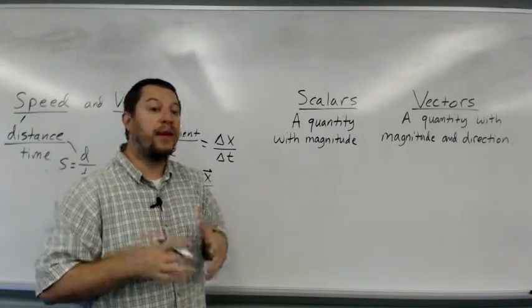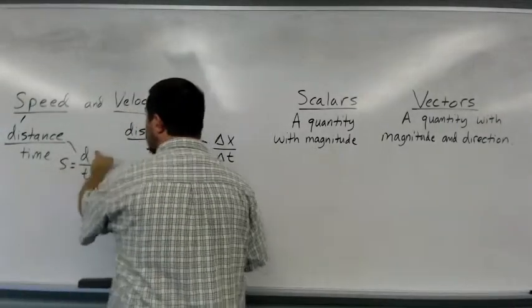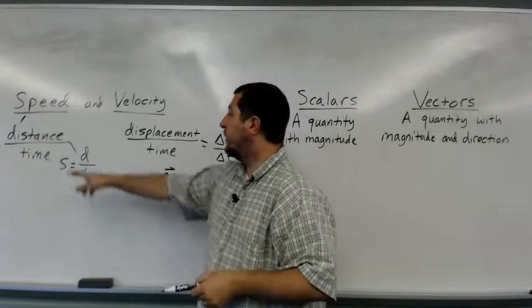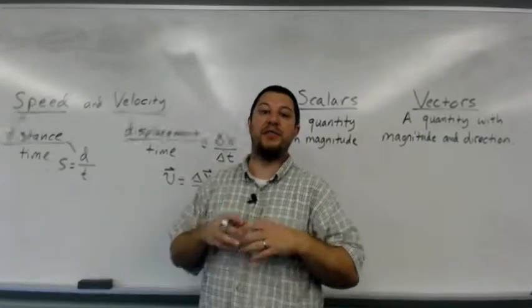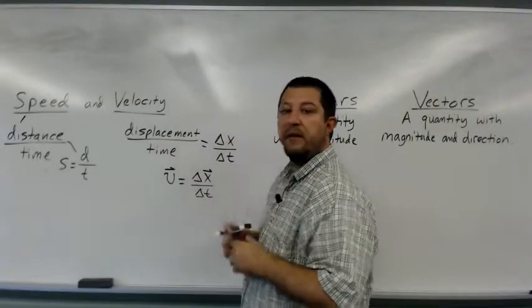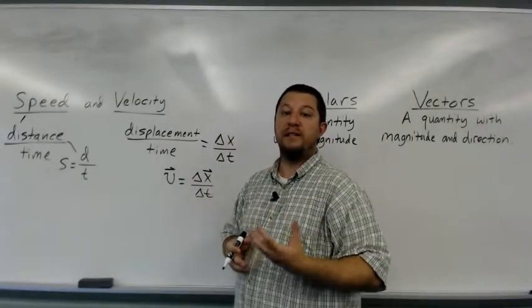And your speed, your distance over time, is just a scalar, and that's because your distance is a scalar. It is just a length. Now, your displacement is actually a vector.